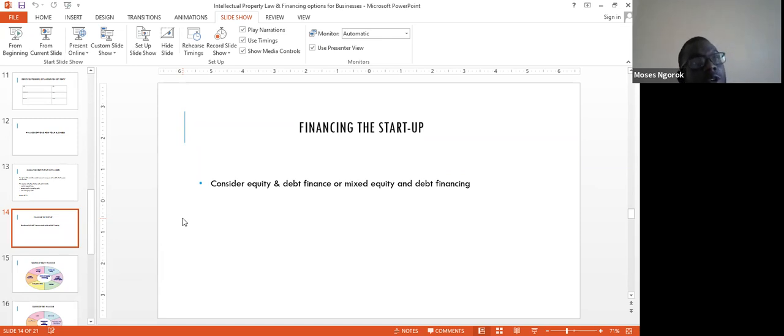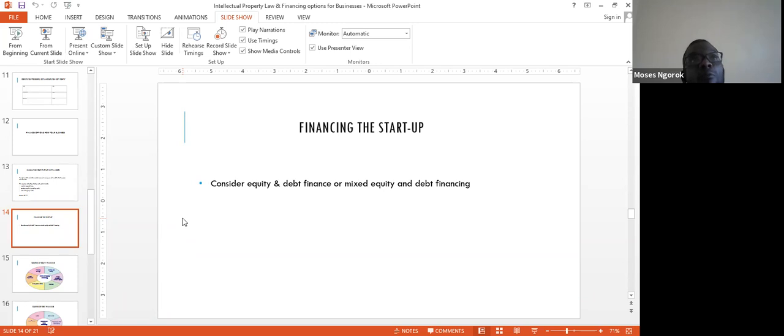You're going to get money from someone in exchange for, say, shares in your company. That's what is called equity financing. What equity financing does is you get money, but you also lose control of your business. So in a way, it dilutes ownership of a business. You understand? Dilutes ownership.